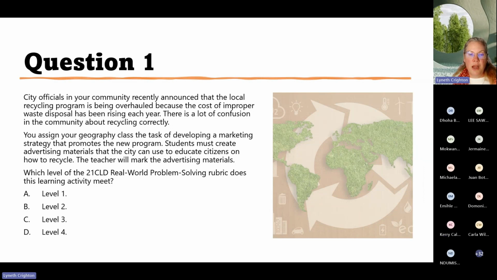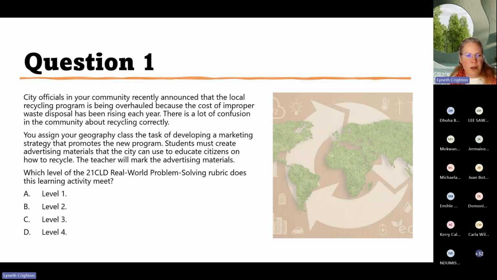innovation in it. They are not putting those posters up. If we were talking about them creating, for example, in your school, and the students don't know how to recycle, and you task your class with fixing that, and they come up with a solution of colored bins and posters and videos, to me, that is real world problem solving at a level 4.